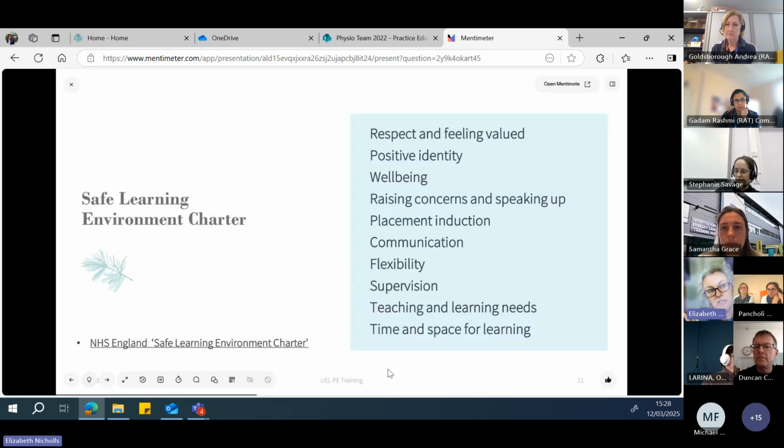We're not going to spend too much time on this today, but it is just to flag up that in the upcoming months and years, this may well be coming out to you within trusts, as to how we support colleagues in the workplace and also students coming out on practice education placements in terms of these criteria.